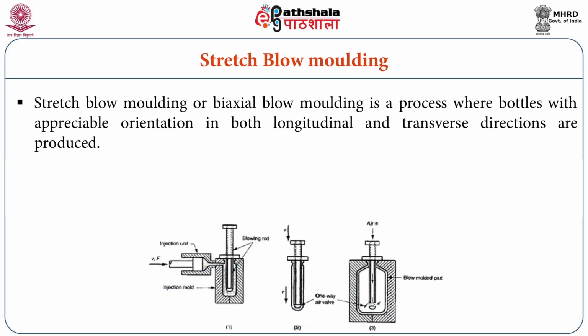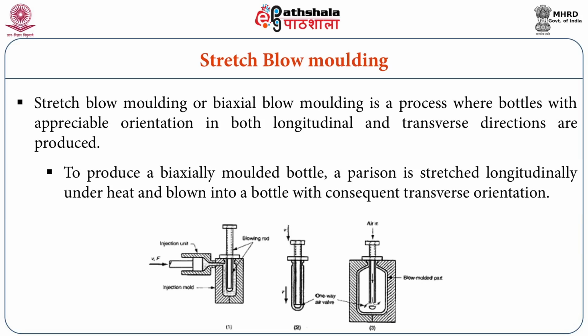Stretch blow molding, or biaxial blow molding, is a process where bottles with appreciable orientation in both longitudinal and transverse directions are produced. To produce a biaxially molded bottle, a parison is stretched longitudinally under heat and blown into a bottle with consequent transverse orientation.